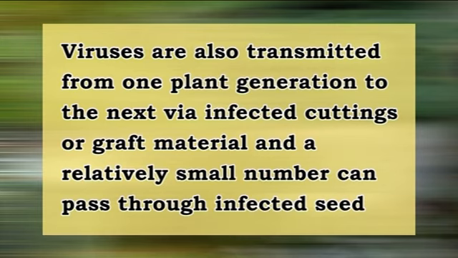Viruses are also transmitted from one plant generation to the next via infected cuttings or graft material, and a relatively small number can pass through infected seed. Once a virus particle enters the host plant cell, it hijacks the cell's synthetic chemistry to create more virus particles, diverting the cell's resources from normal activities.